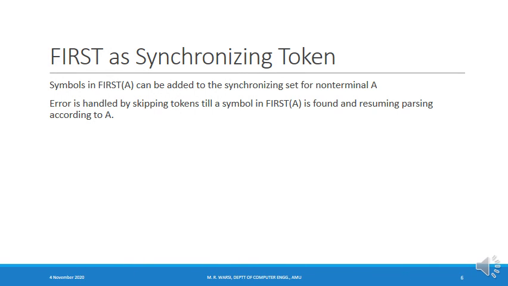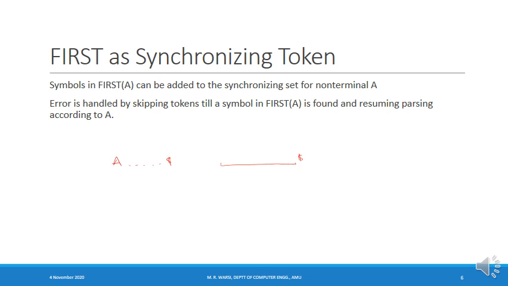Let's now consider another scenario, and let us assume that I have capital A on top of the stack and I have something in the input buffer. And let us also assume that when I consult the parsing table for the entry A comma, whichever is the next input symbol, I find that it is a blank entry. So at this step, the parser has encountered an error. What is the meaning of this?